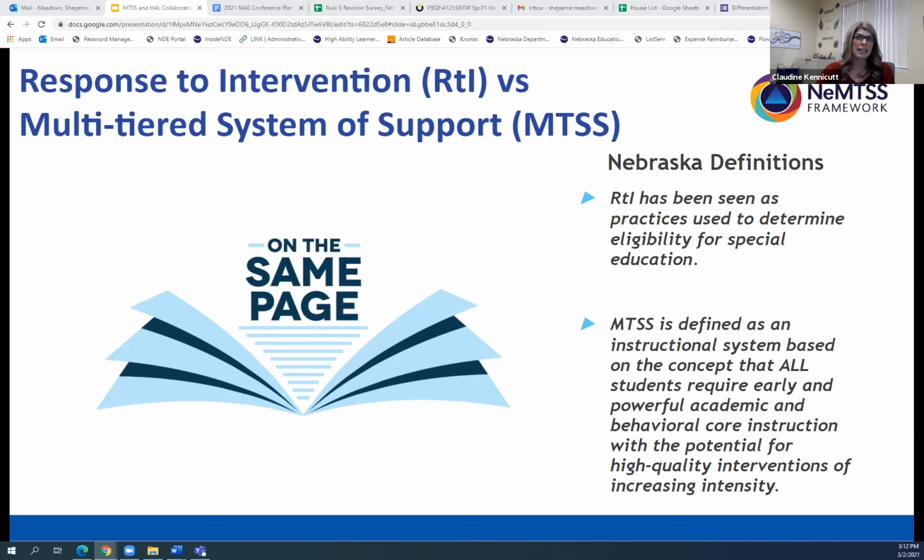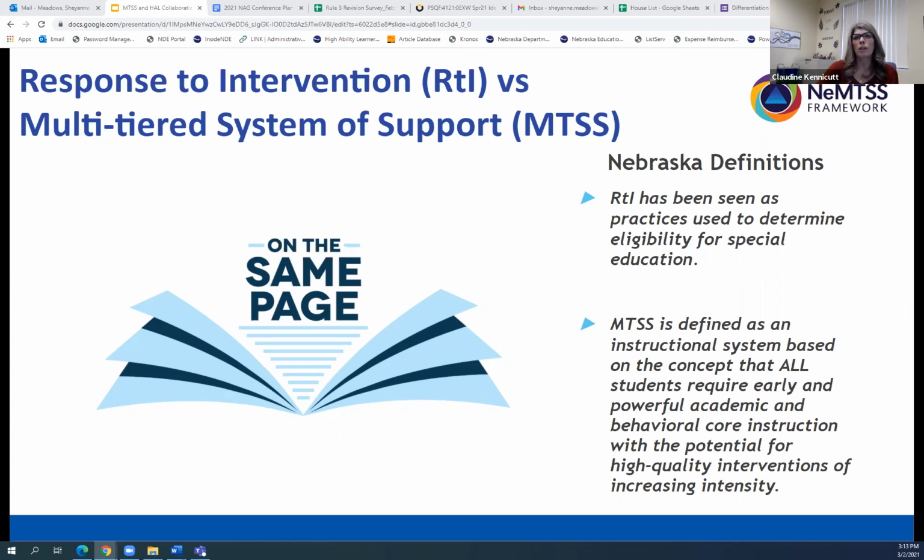So MTSS has been defined by our Nebraska Builders, which is a group of stakeholders from across the state, and they meet quarterly and are comprised of individuals from all different educational levels, from classroom instructors to building administrators, collegiate level, representation within our ESUs, and also state level individuals. And you can see a distinct difference between these two definitions.